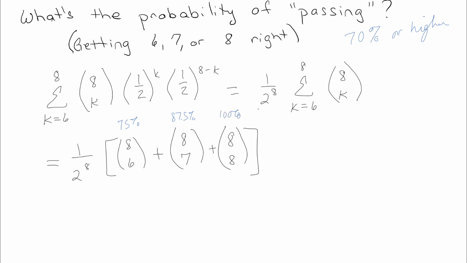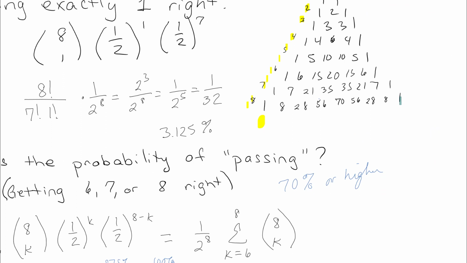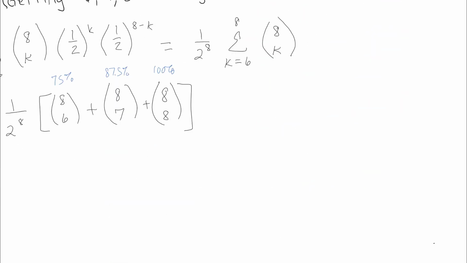Okay. Now we can either do this with the factorial method, or we can come over here and we can add our numbers. So this one, there's only exactly one way to get them all right. There's only 8 ways to just miss one, and there's 28 ways to miss, or to only miss 2. So here we go.